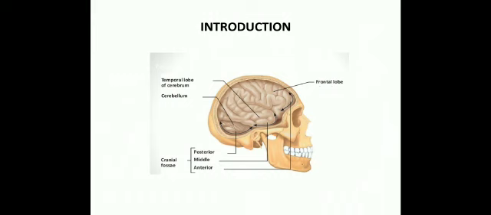The cranial cavity lodges the brain. The anterior cranial fossa lodges the frontal lobe, the middle cranial fossa lodges the temporal lobe, and the posterior cranial fossa lodges the cerebellum, and the pons and the medulla in the anterior aspect.